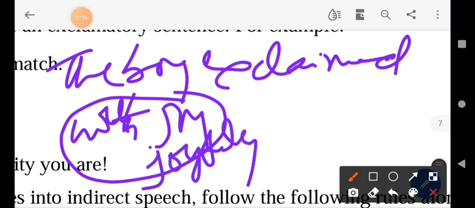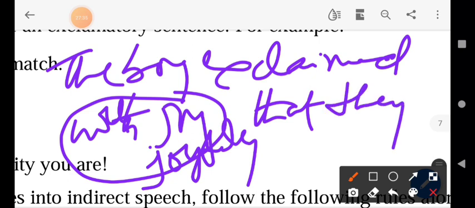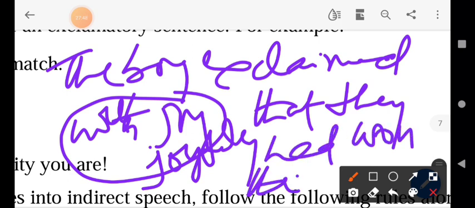The boy exclaimed joyfully that we won the match. We change "we" into "they." Simple past tense changes into past perfect tense. They had won the match.